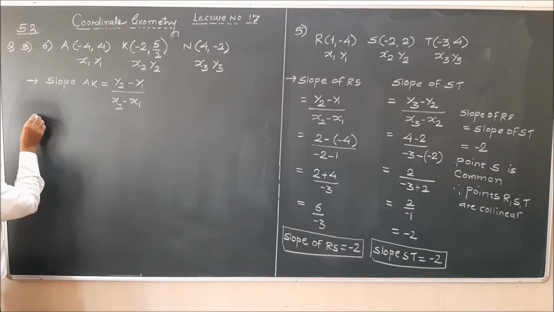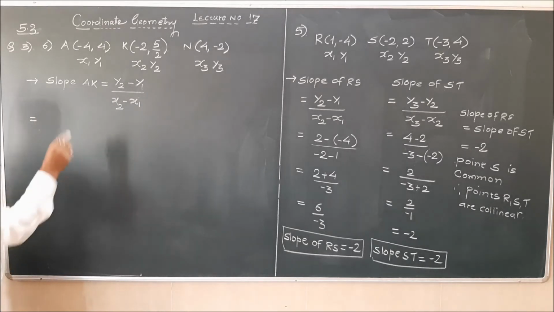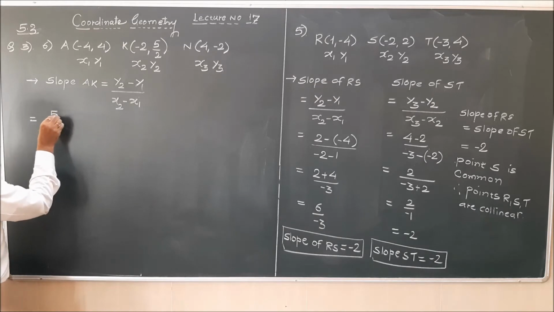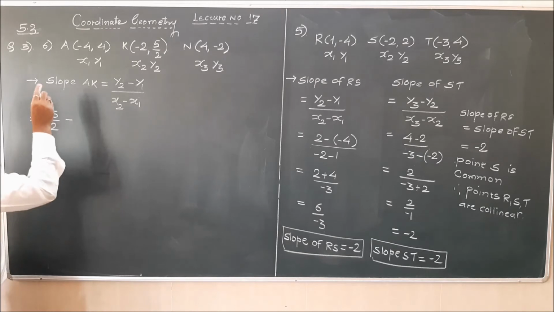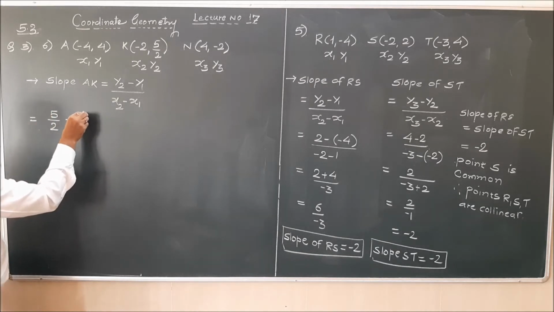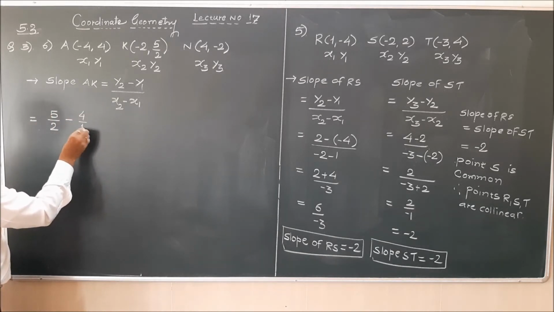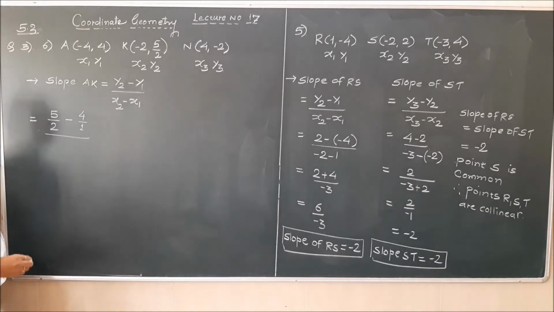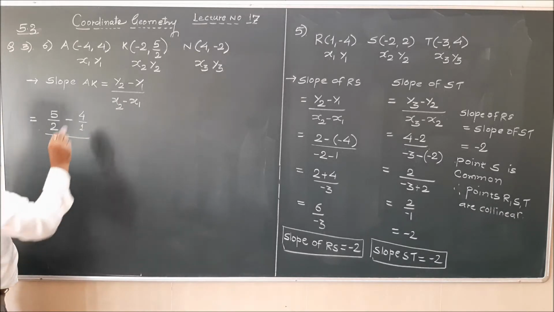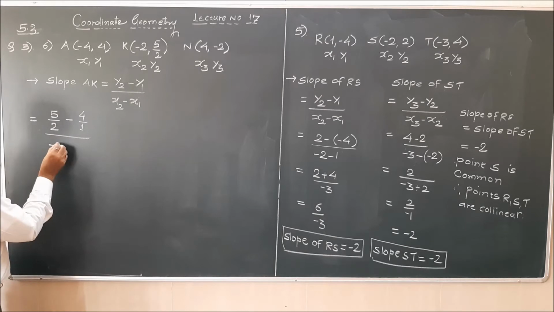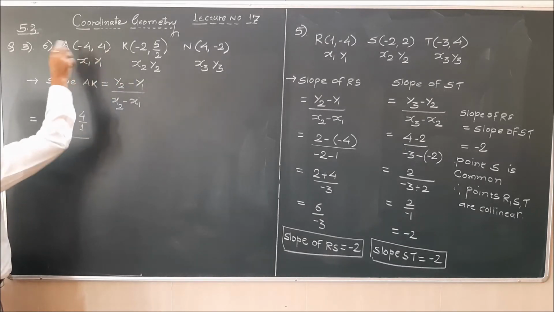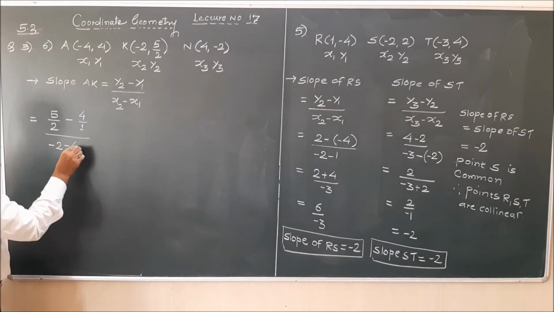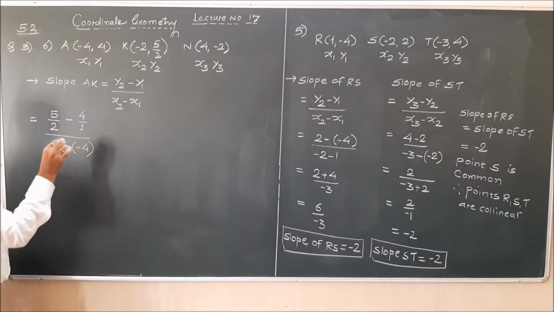So that will give us y2 is 5 upon 2, minus y1 which is 4, but I'll write it as 4 upon 1, divided by x2 minus x1, minus 2. Be careful, x2 is minus 2 minus of minus 4.